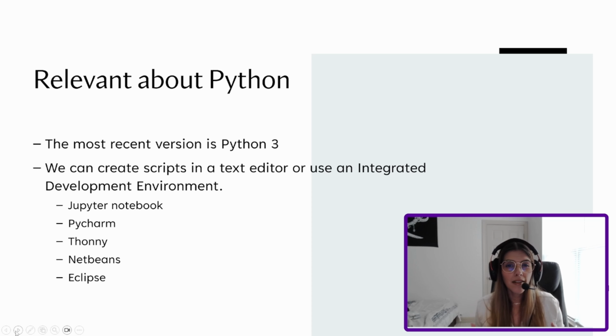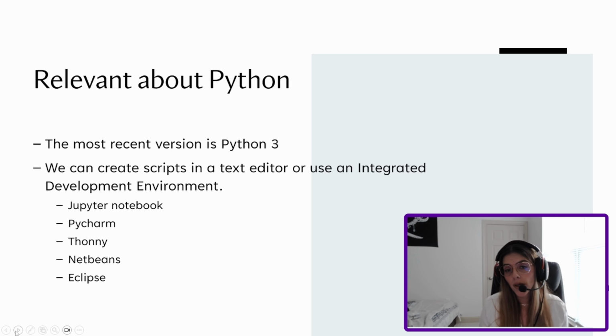A little bit of relevant information about Python is that right now the most recent version is Python 3. And the very nice thing is that we can create scripts in a text editor. You don't really have to have a specific environment. You can just do it in a text editor, save it, and then just run it through Python.